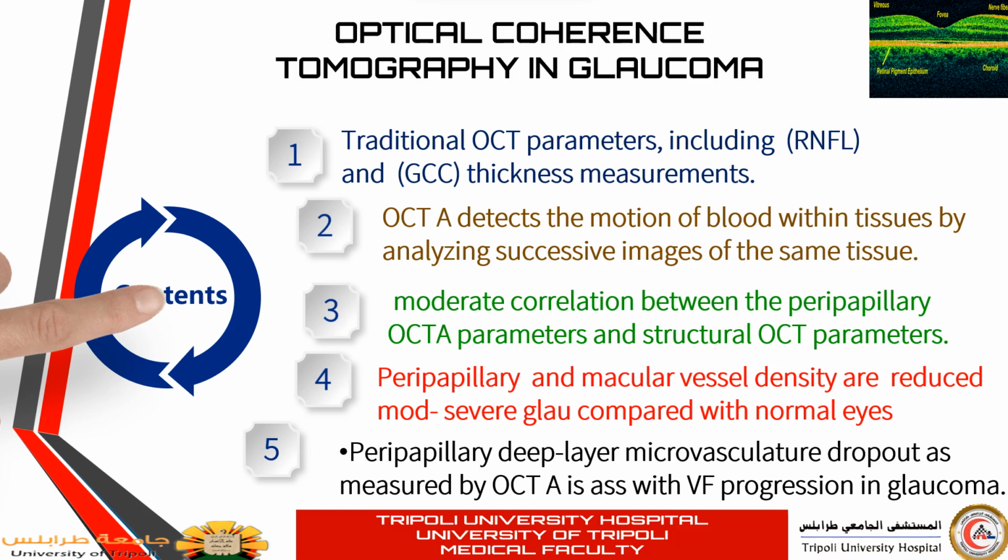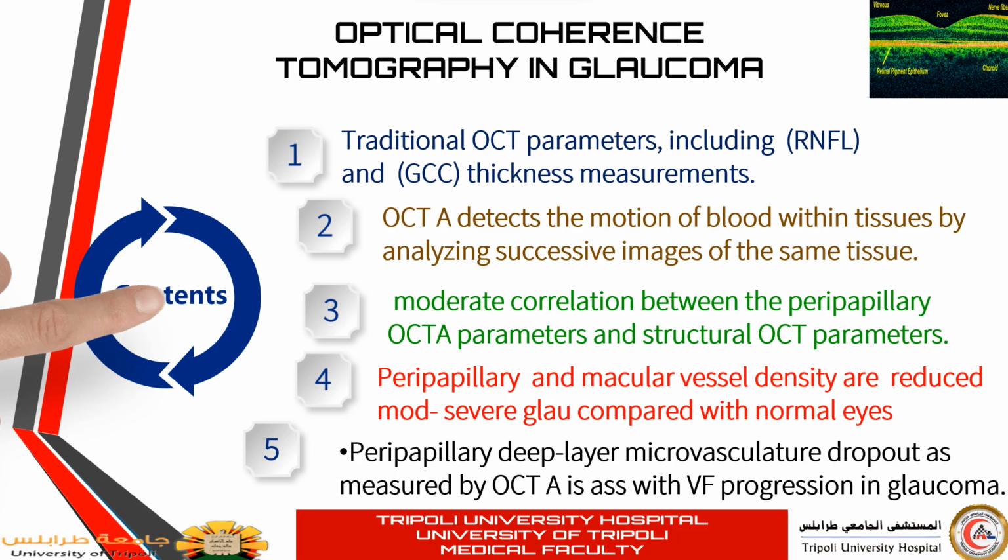Another important point: there is a moderate correlation between the peripapillary OCT angio parameters and the structural OCT. What I mean by this is that there is no strong linear relationship between the changes that occur in the OCT angio and the changes in the OCT. In other words, OCT angio changes might precede structural OCT changes.